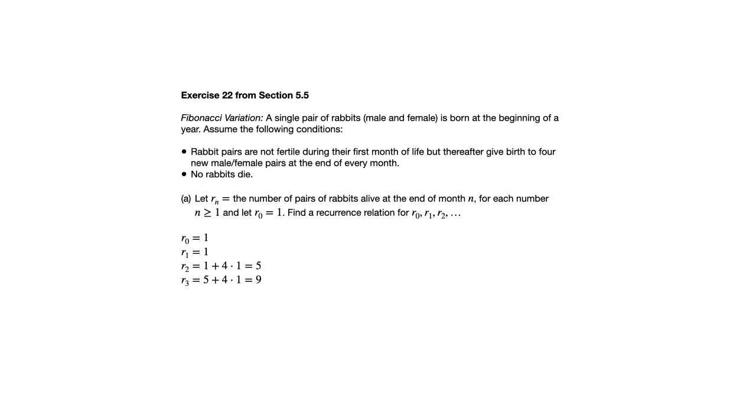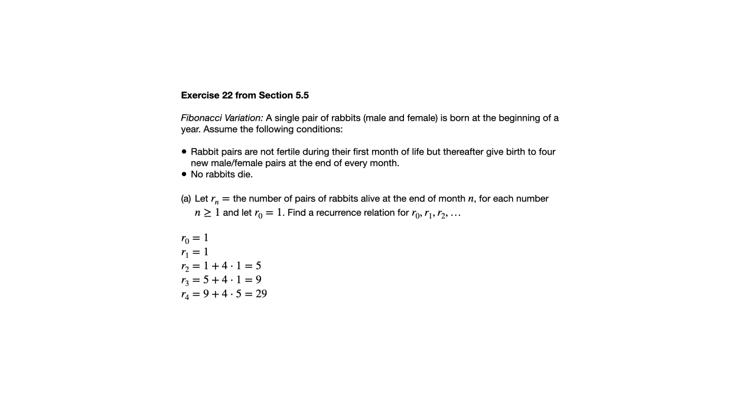At the end of the next month, at the end of March, we'll have those 5 that were around at the end of February, plus 4 offspring from the 1 pair that's fertile at that point. Remember, 4 of those pairs were just born the previous month, so they're not fertile yet.